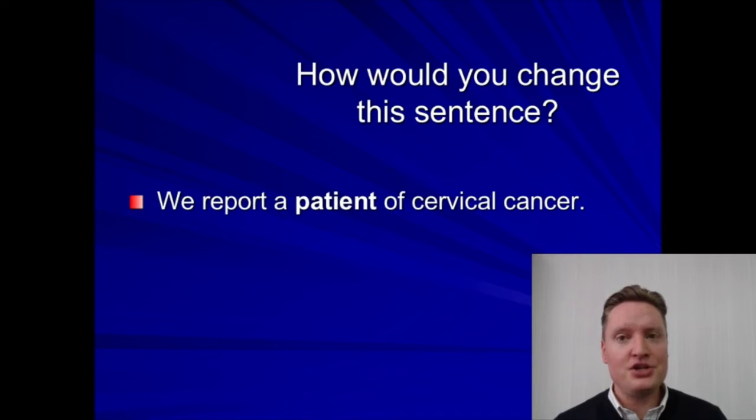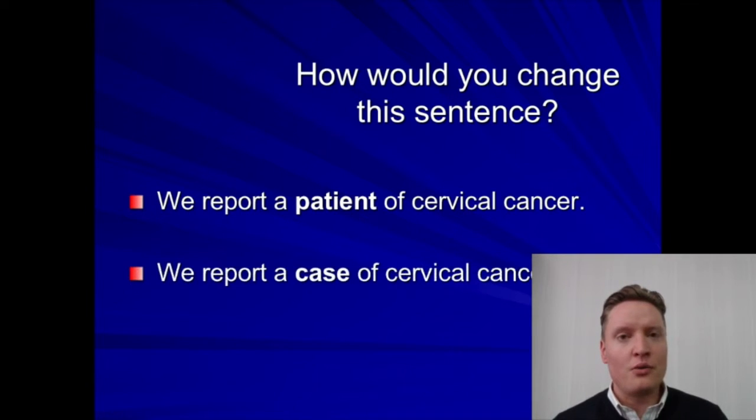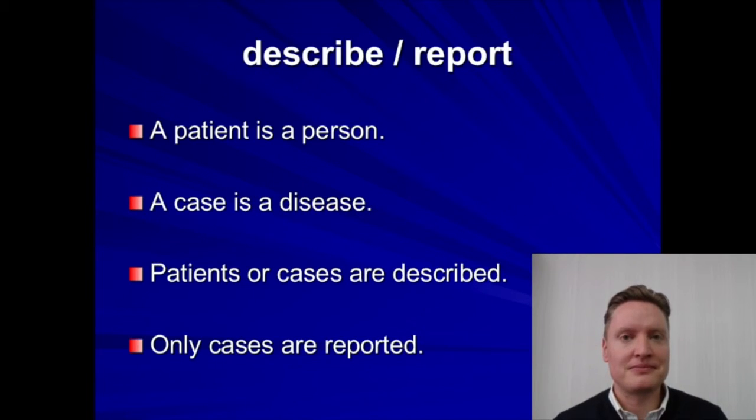We reported a patient with cervical cancer, or we report a case of cervical cancer. You could say patient with, but my first sentence, we report a patient of, no. Patient is not cervical cancer. A case, the disease itself, is cervical cancer. So just remember, a patient is a person, a case is a disease.